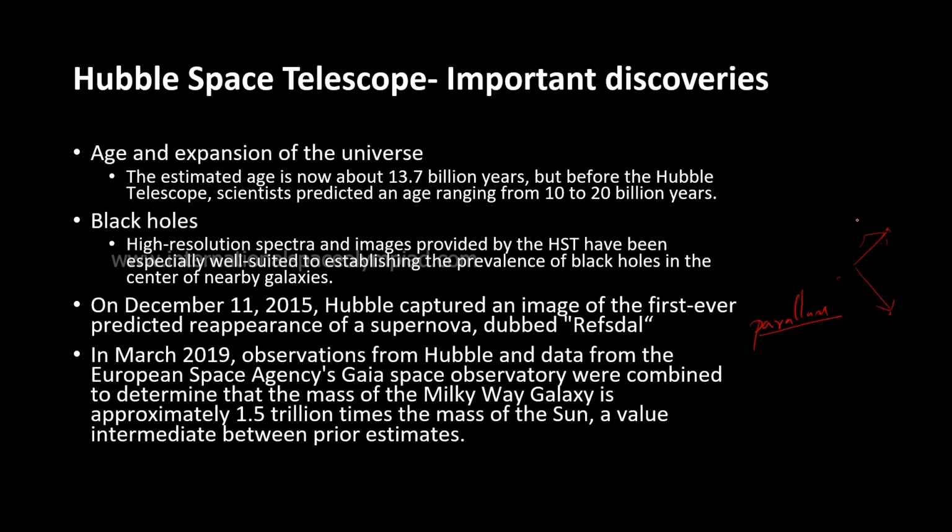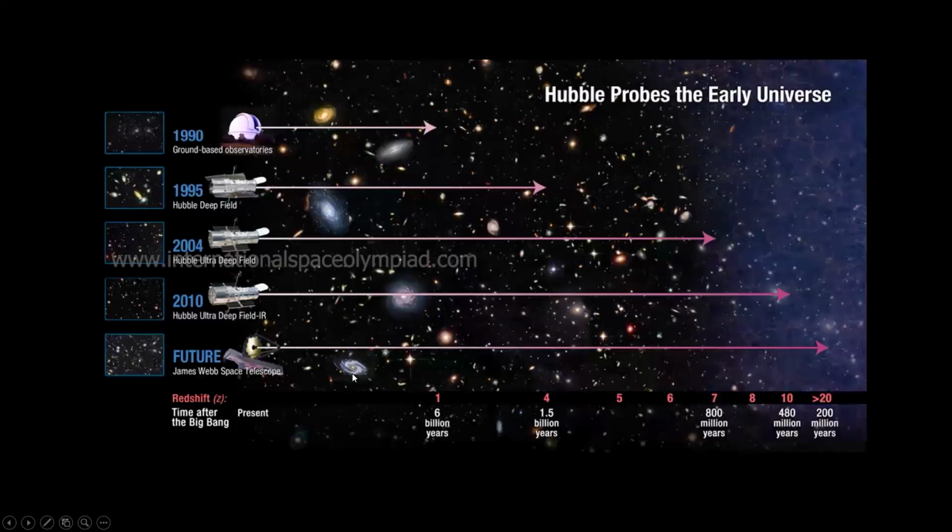By measuring the distance, counting the stars in the galaxy, and using the images by Hubble, they were able to estimate the mass of the Milky Way to be approximately 1.5 trillion times the solar mass, the mass of the Sun. Gaia is also a space telescope.